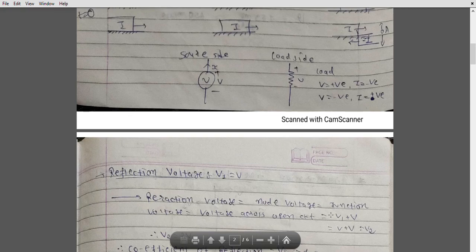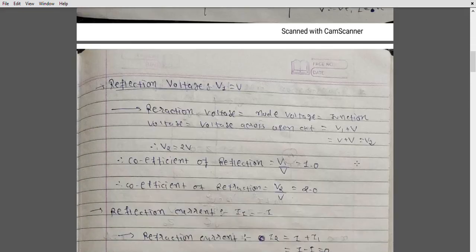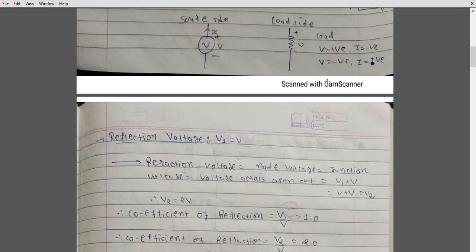If you want to find the voltage across this point, that will be V1 plus V, which is V plus V, that is 2V. So our refraction voltage is 2V and the reflection voltage is V only.